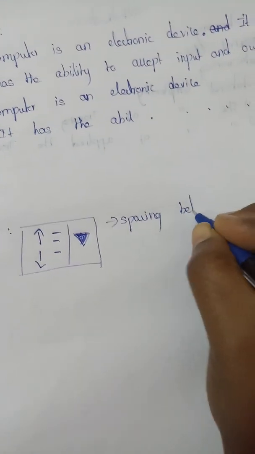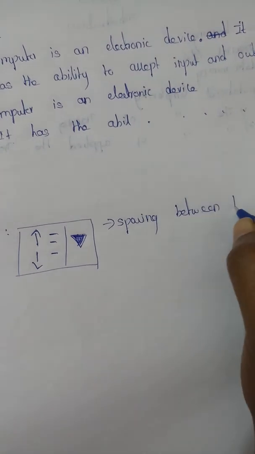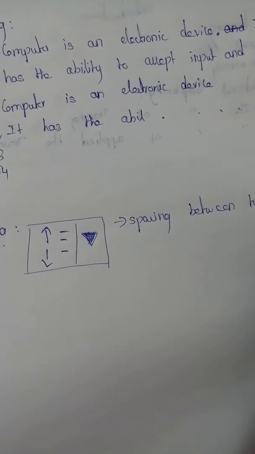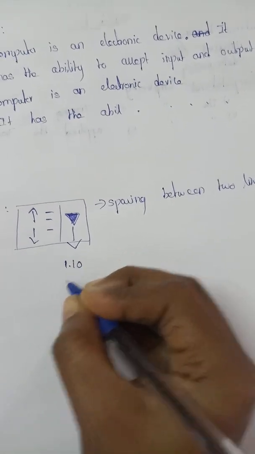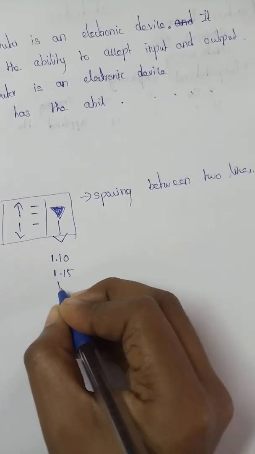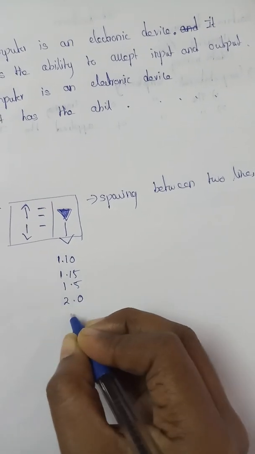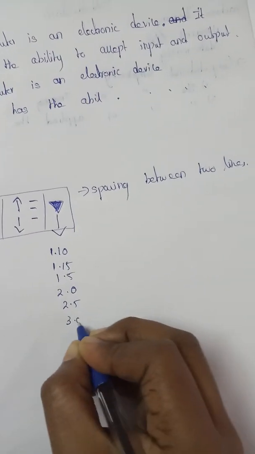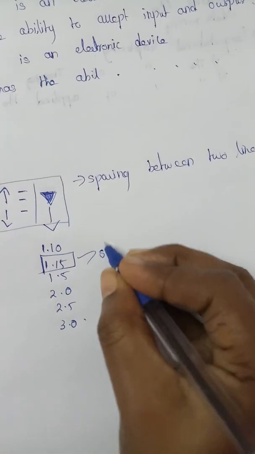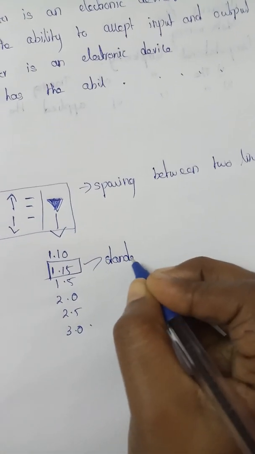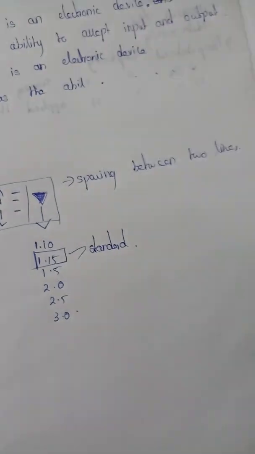When you click this arrow mark, the options appear like 1.10, 1.15, 1.5, 2.0, 2.5 and 3.0. 1.15 is the standard form of line spacing.